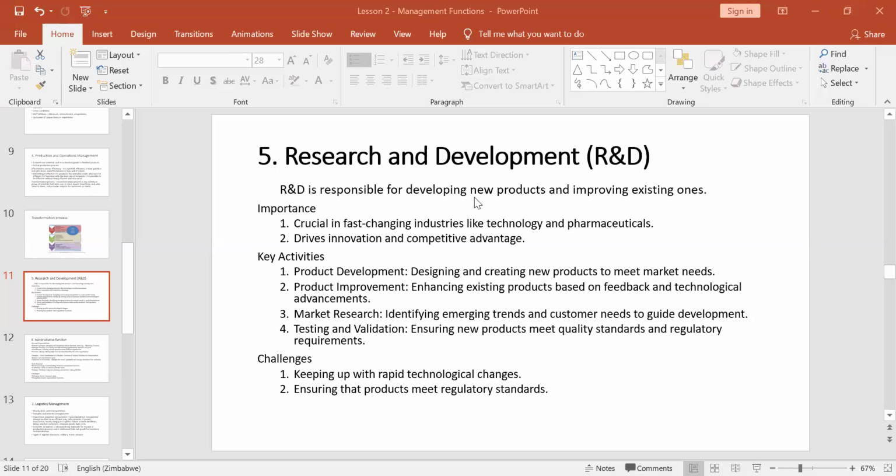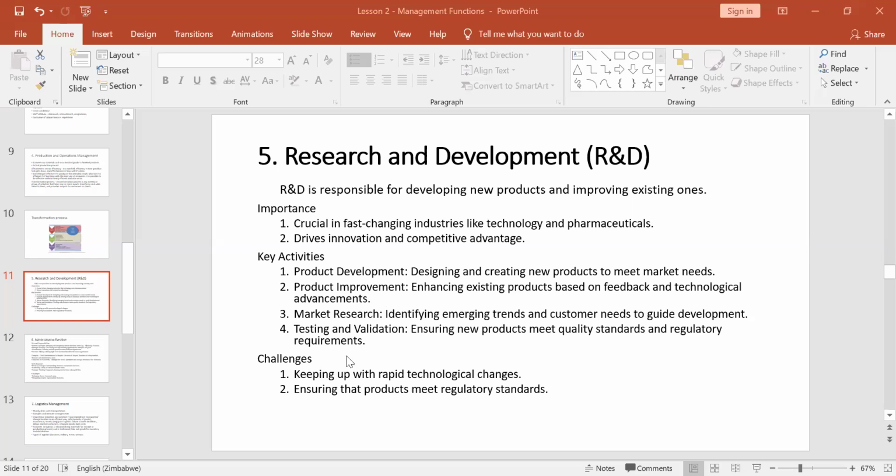Then it keeps on improving. Now it has touch screen. Now it has video. Now it has a camera. Now there are games. Now the last main function of the research and development team is testing and validation. This is where they ensure that the new products meet quality standards and regulatory requirements. So you find that these four activities are ongoing.